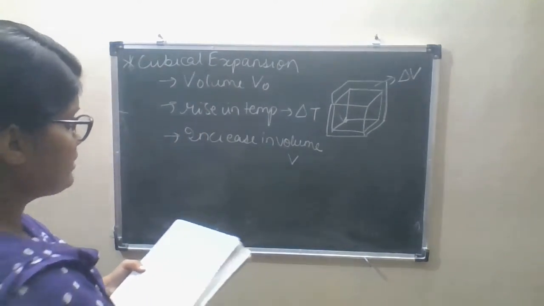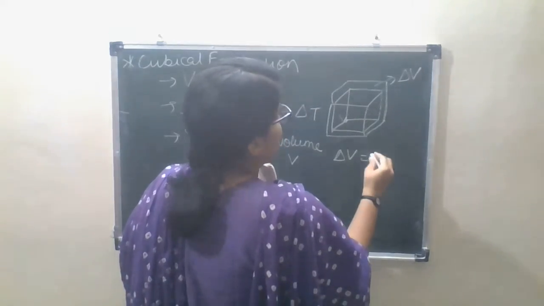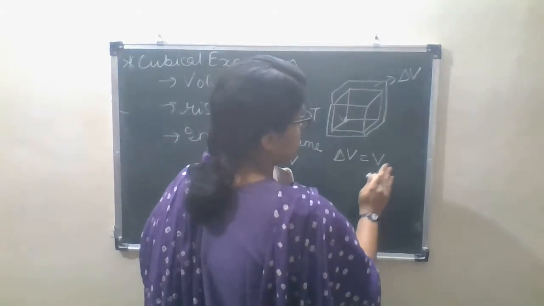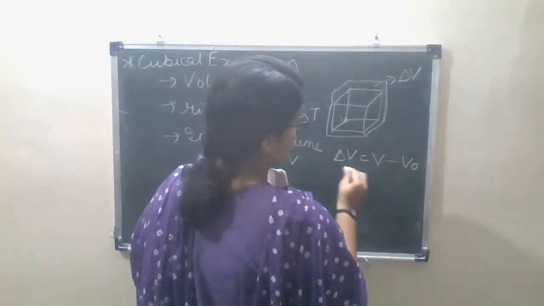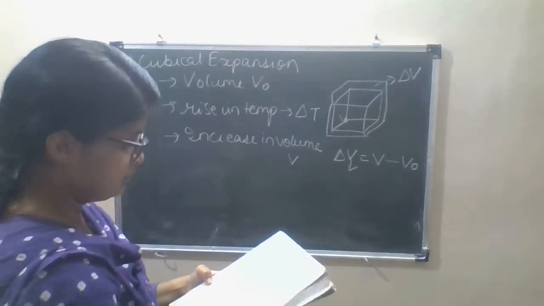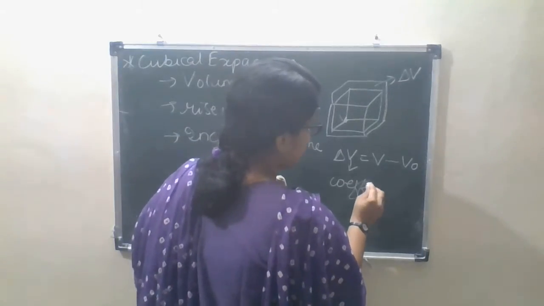So next, delta V equals, this is nothing but the coefficient of cubical expansion.